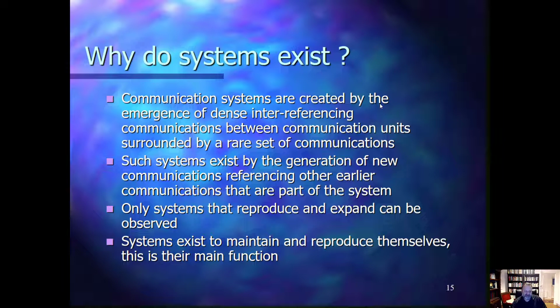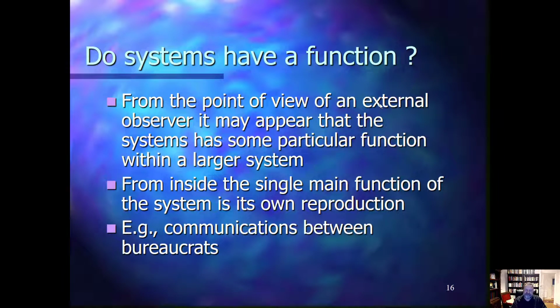So in this context, what we see is that the systems exist to maintain and reproduce themselves. This is really their main function, to exist as a system, as a set of dense communications which follow the system-specific rules and are surrounded by much rarer sets of communications around them.